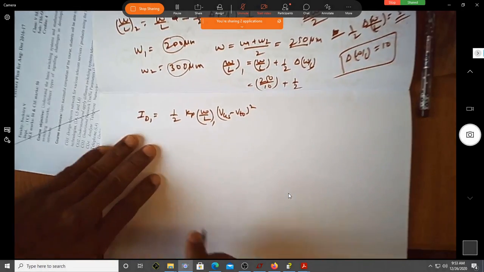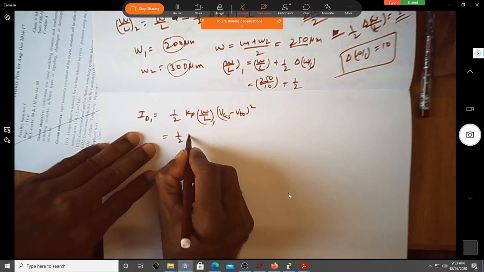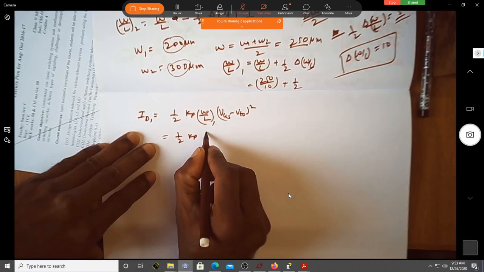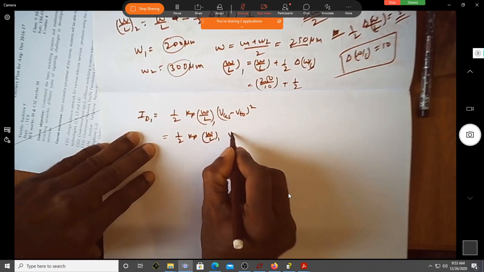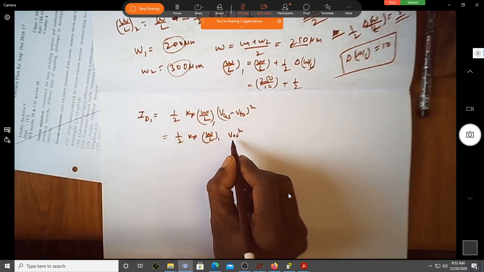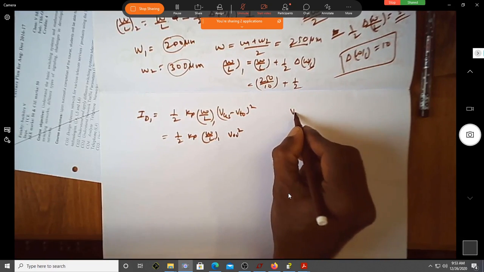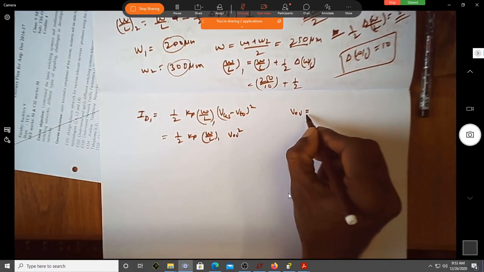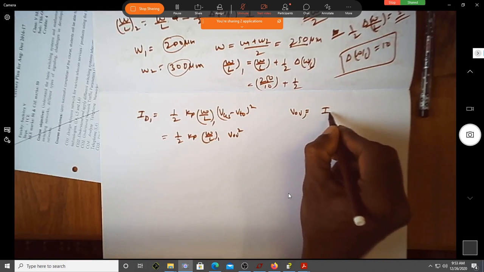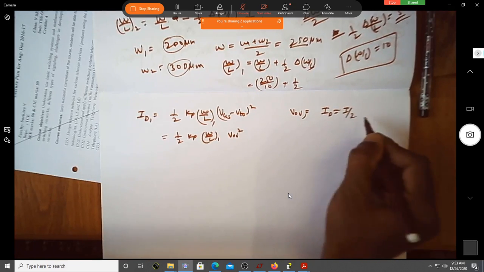Shall I write it like this, or can I write it as half Kp W by L of 1 VOV square? When I say VOV square, VOV is the voltage which is responsible for getting ID equal to I by 2.